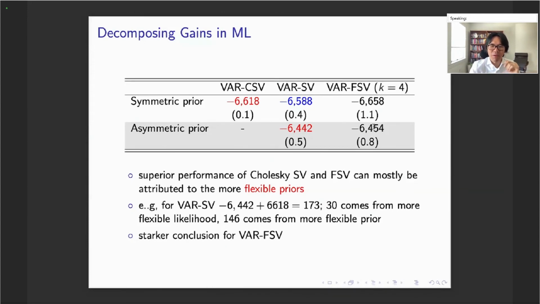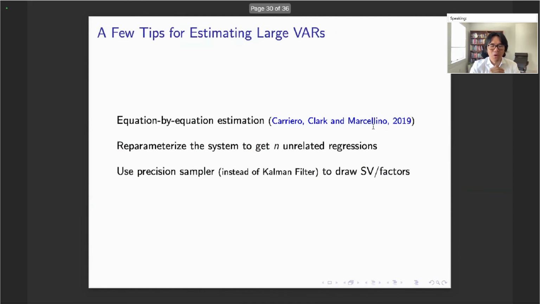So that's what I've learned in the second topic about comparing stochastic volatility. Seemingly, in a large VAR setting, having a more flexible prior is more important than exactly what sort of stochastic volatility specification you assume. Well, you need to have stochastic volatility, but which type doesn't seem to matter as much.